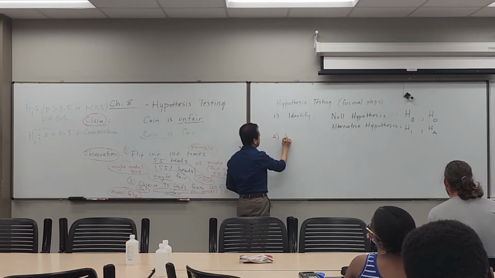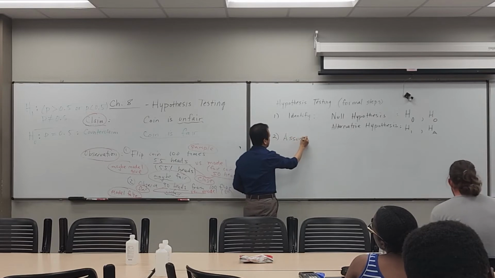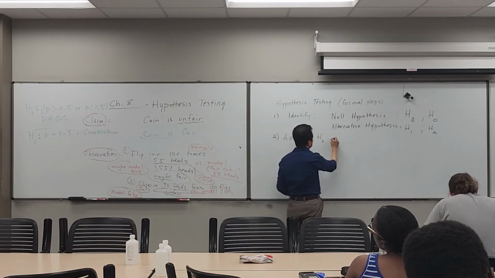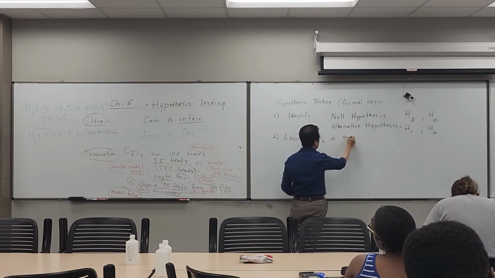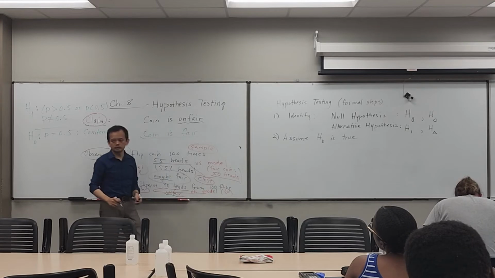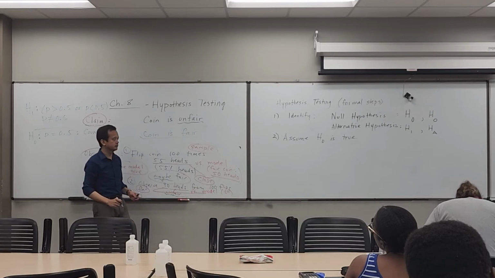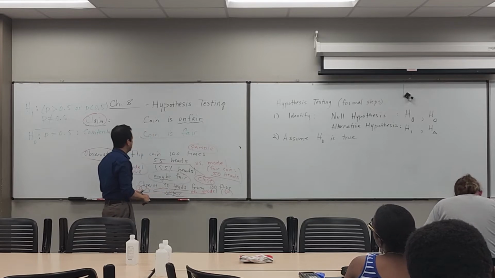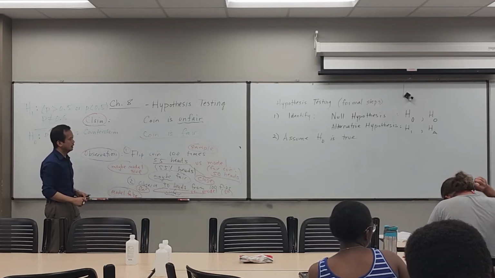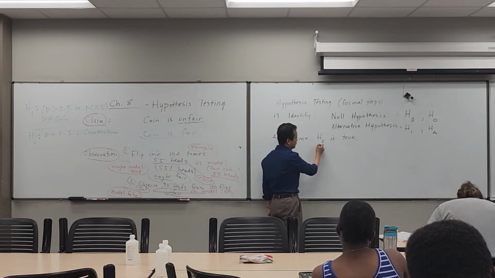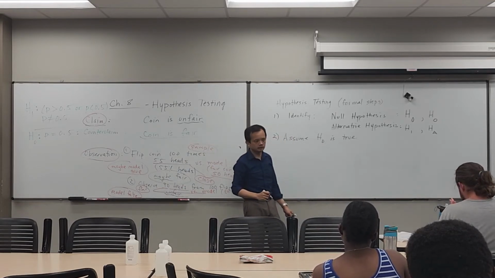step 2 in hypothesis testing, is we want to assume that the null hypothesis H0 is true. So the thing that we're assuming true in this case is what statement in words?